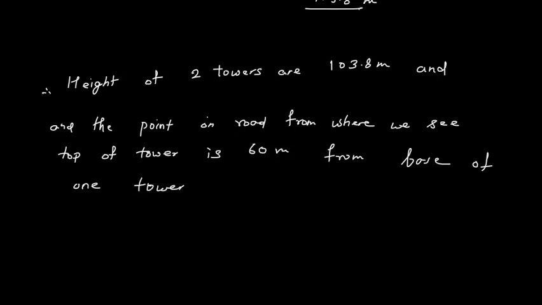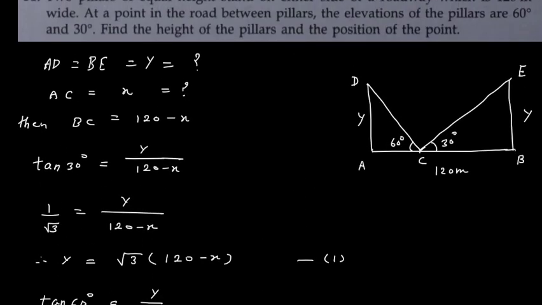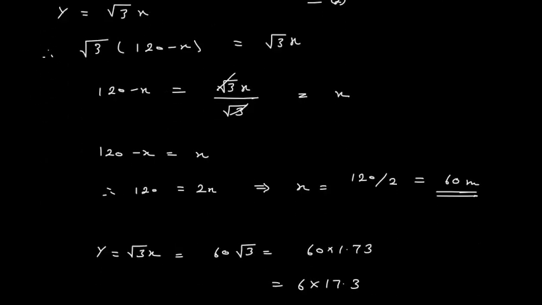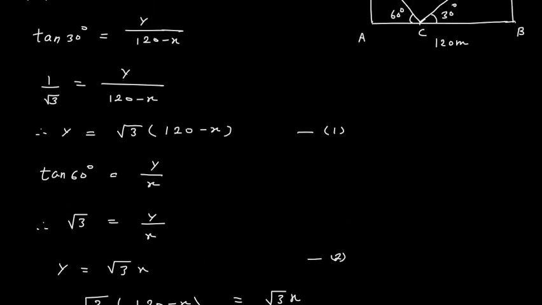So if it is at 60 meter from one tower, then from the other tower we can find out the total distance. Something I think went wrong. The value of x should not be 60, otherwise it indicates that I am at the center, and if I am at the center then there is a problem.